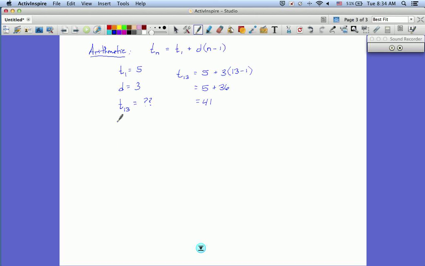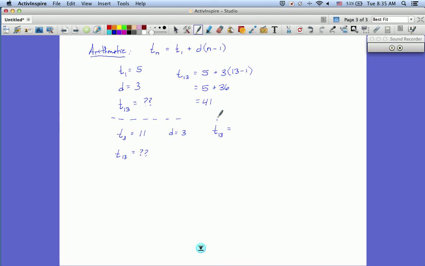Now, let's say, hypothetically, a slight alteration to this example. Let's say they gave you the third term, and the third term was 11, and they asked you to find the 13th term. Again, the difference is 3. Well, the formula only deals with T1, but you can use your brain and use a very similar form of that formula.